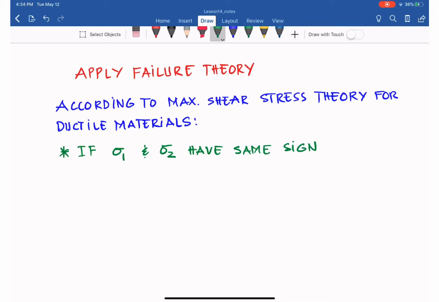then how do we check the maximum shear stress theory?